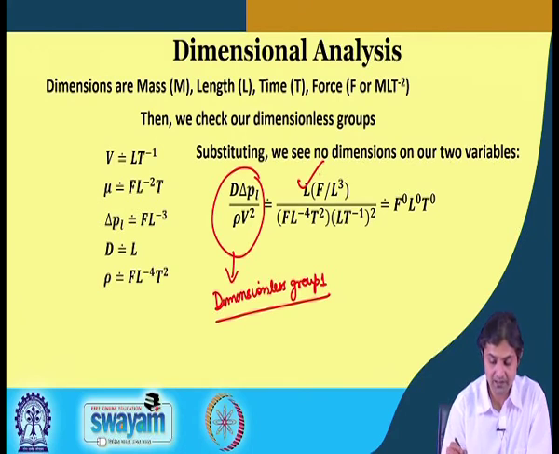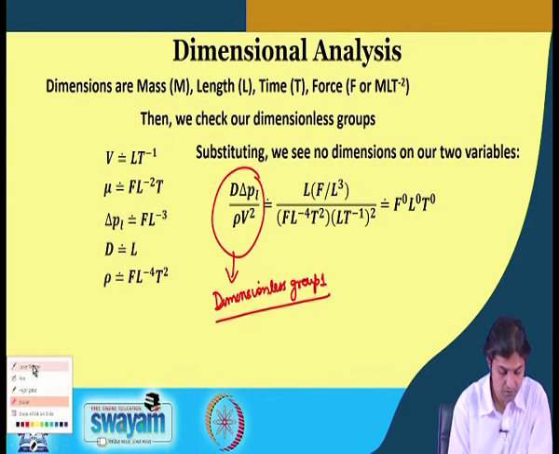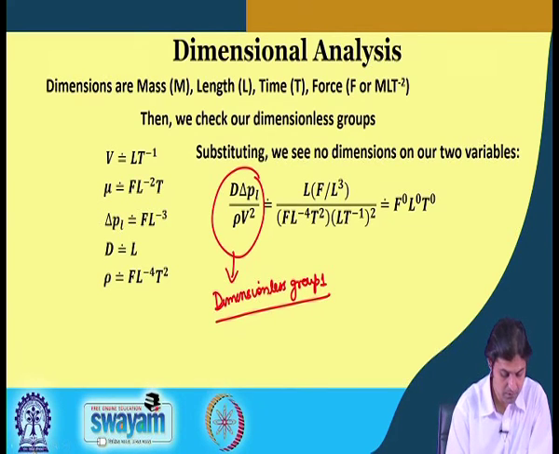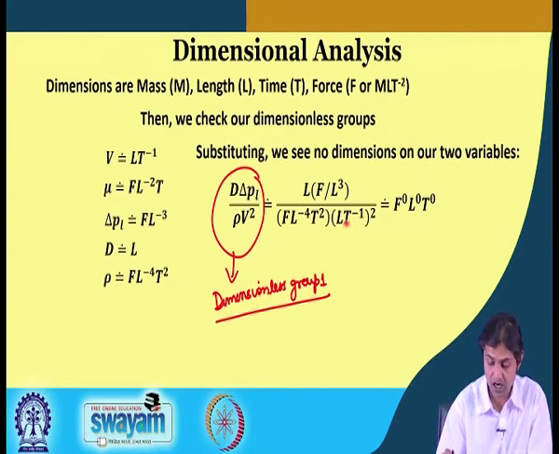So, D is length, delta PL is F by L cube from here, rho is F L minus 4 T square, and this is LT minus 1, the whole LT minus 1 to the whole square. And so, if you start doing it, you will get F to the power 0, L to the power 0, T to the power 0.